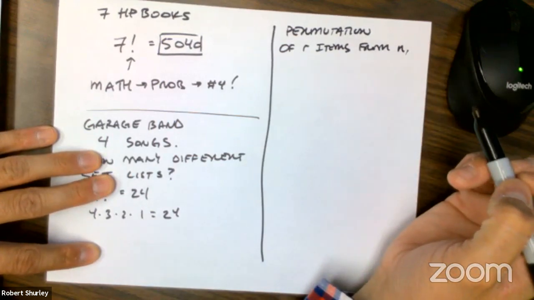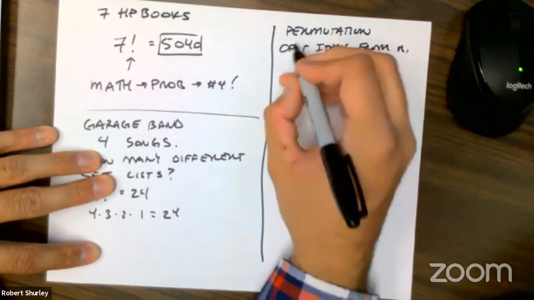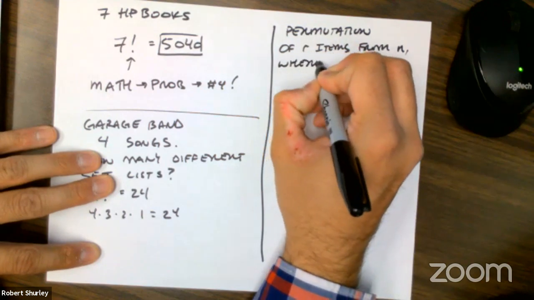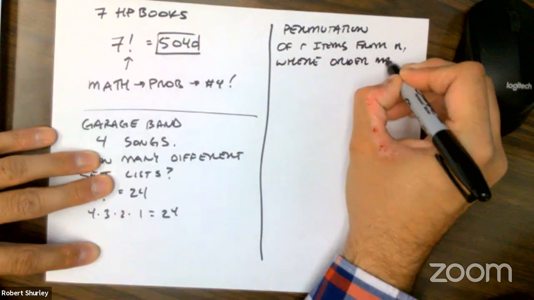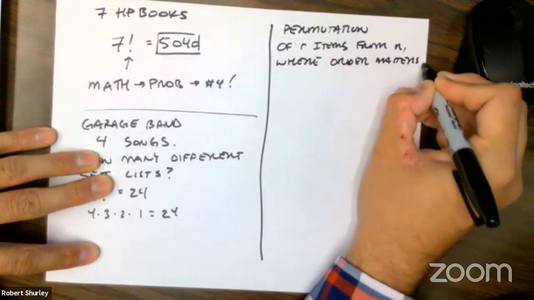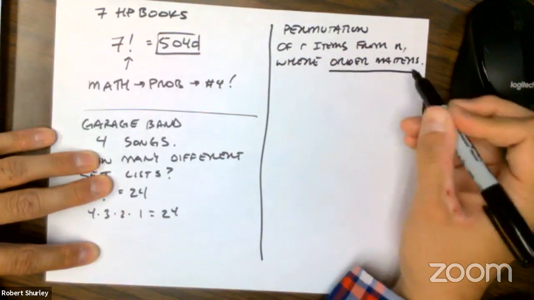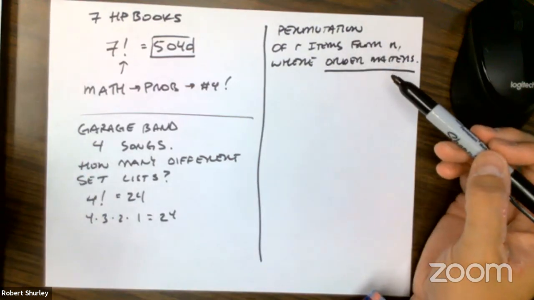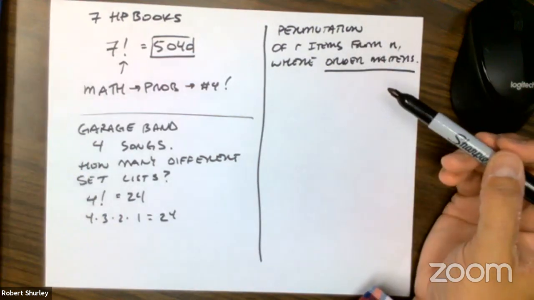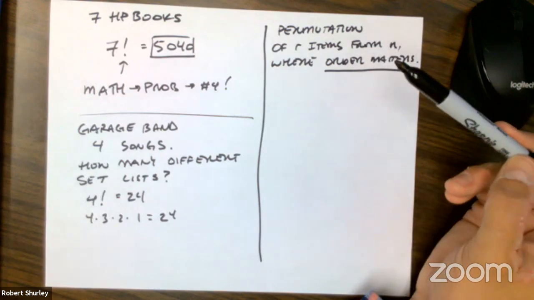Okay. And then where order matters. I'm paraphrasing this. Because we're going to get to the second type of this counting, and order is not going to matter. So that's why I'm emphasizing ordering mattering here. So permutation of R items from N.